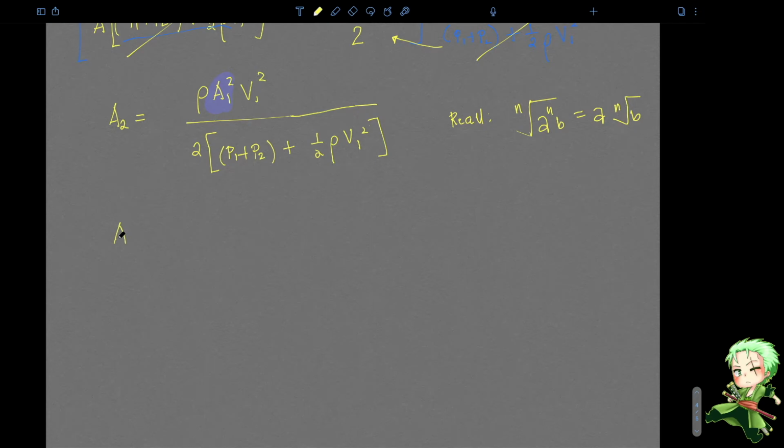So when I apply that law of radicals that I cited earlier, I will take the square root first on both sides.